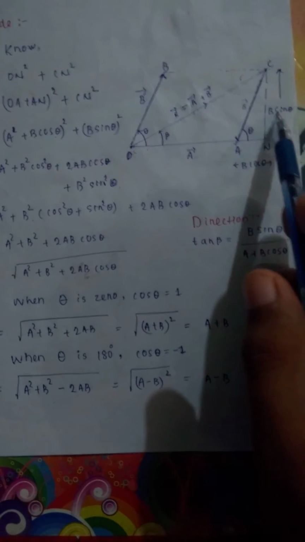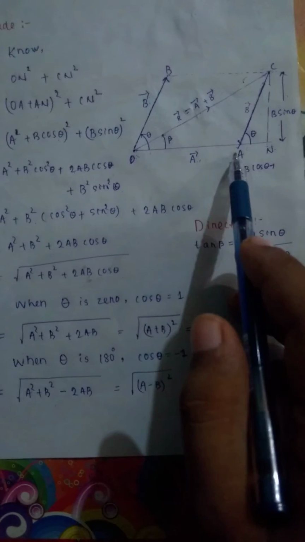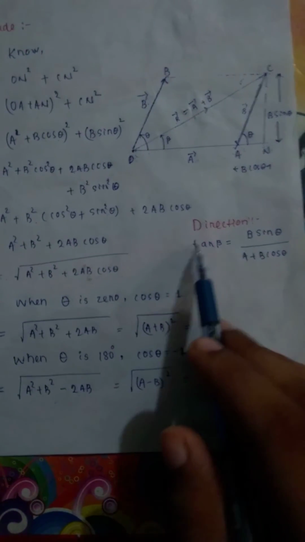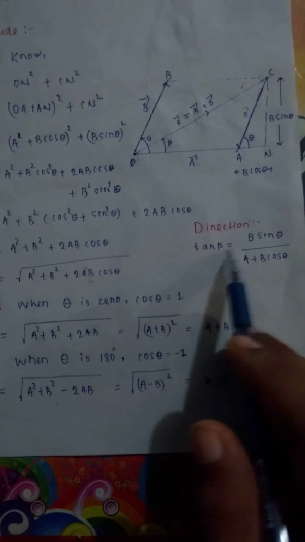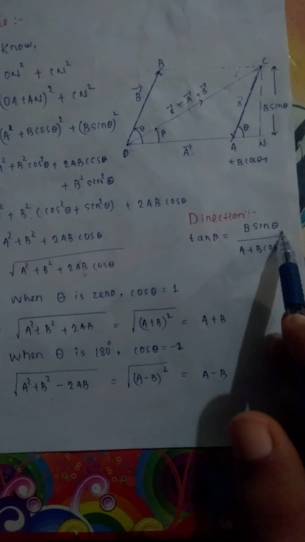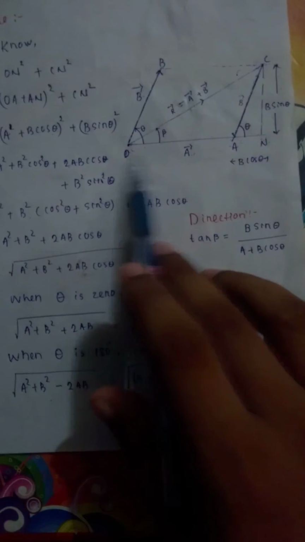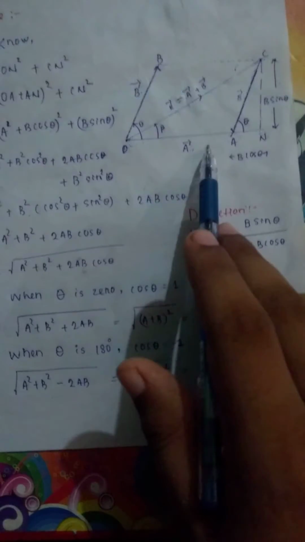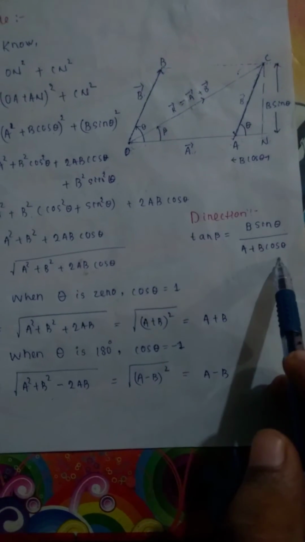Perpendicular CN is B sin theta, base is OA plus AN, that is A plus B cos theta. So tan beta equals CN, that is B sin theta, divided by base, that is ON, that is A plus B cos theta.